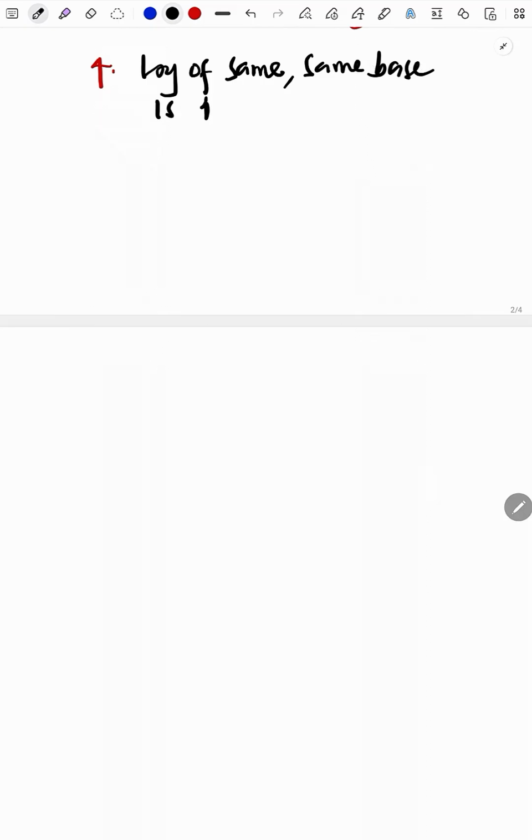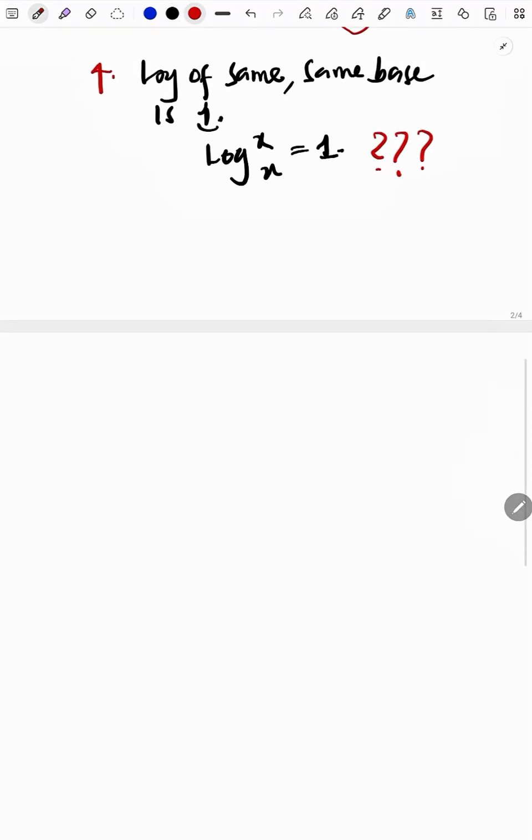The fourth law is that log of the same number to the same base is 1. Please, we cannot emphasize this enough. To show you how, we'll have to use the concept of indices. Now, let's say log of x base x is equal to y. For every indices, we can convert every logarithm to indices and every indices to logarithm.